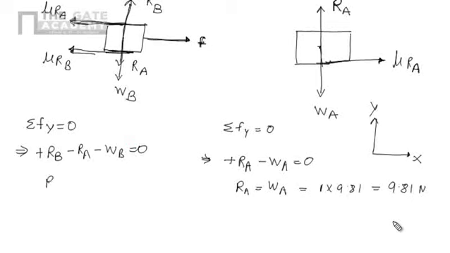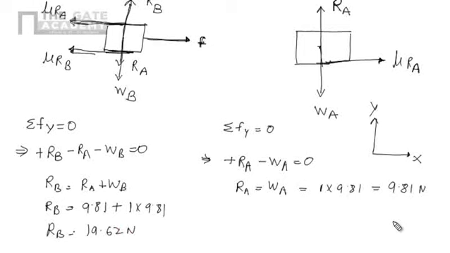So Rb will be Ra plus Wb, and we know the value of Ra, it is 9.81, plus similarly the weight of B, that is 1 kg mass, so 9.81. So Rb will be 9.81 plus 9.81, it will be 19.62. So the value of Rb will be 19.62.